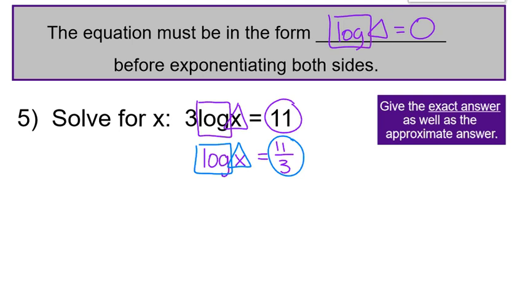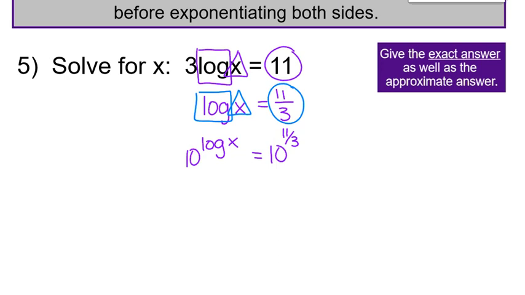Now we are ready to exponentiate. So some base to the left equals some base to the right. What base do we want to use? Look at our logarithm. It just says log. So that means it's a common log, which is base 10. So we want to use 10. 10 to the left equals 10 to the right. 10 to the log base 10, these are inverse functions that cancel, leaving us just with x.